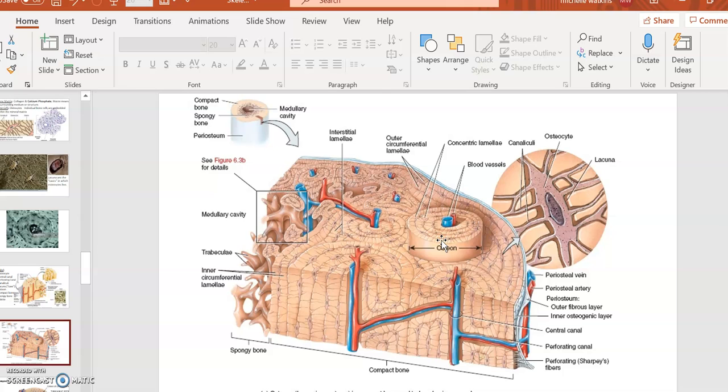The cells are there to lay down bone or to remove bone. Strangely enough, the reason that our bones last longer than many artificial materials is because our body is constantly replacing them. It takes away old bone tissue and puts down new bone tissue.